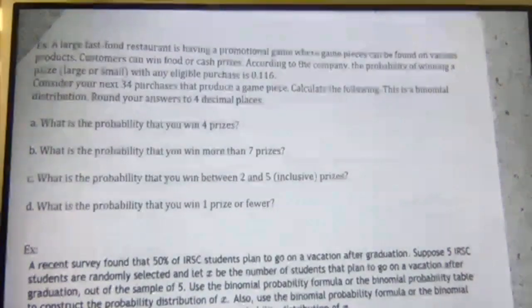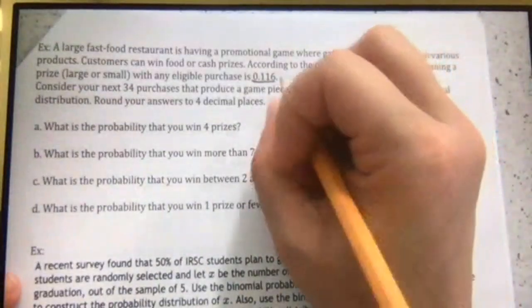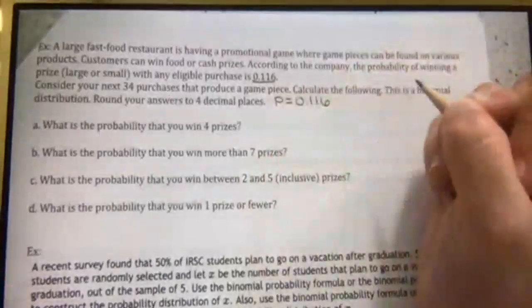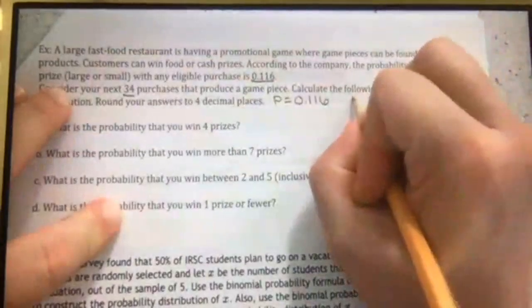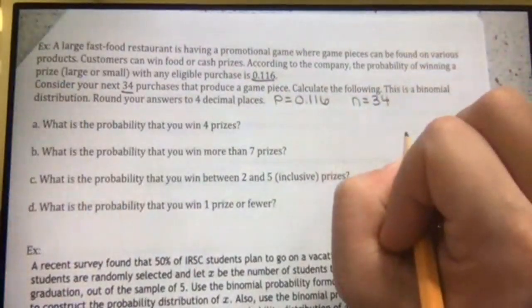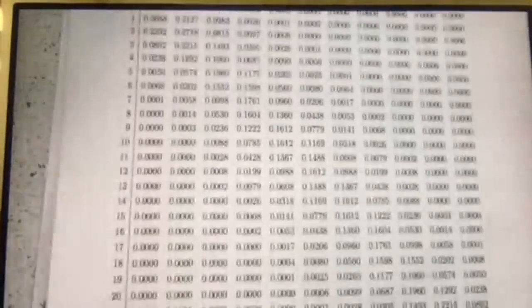Okay, so let's see what it gives us. It tells us that the probability is 0.116, so p is 0.116. Look at your next 34 purchases, so it tells us that n is 34. If you notice, your table only goes to when n is 25.